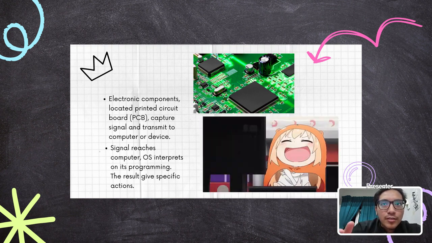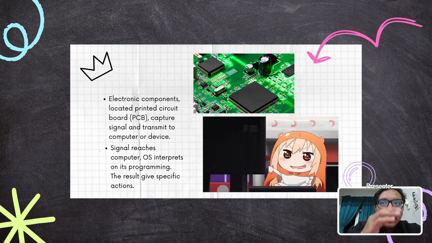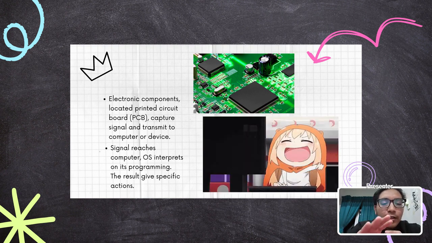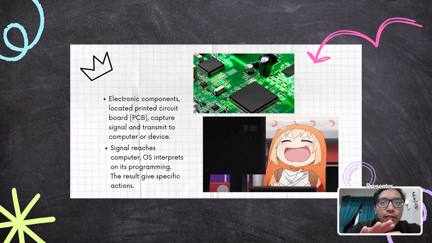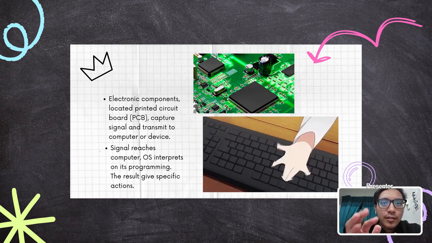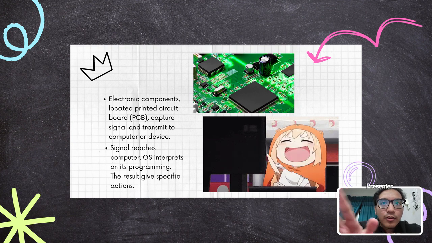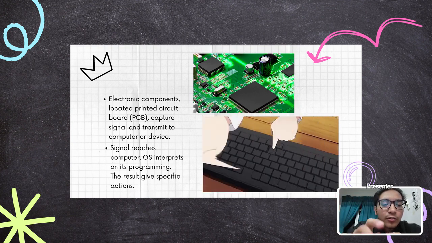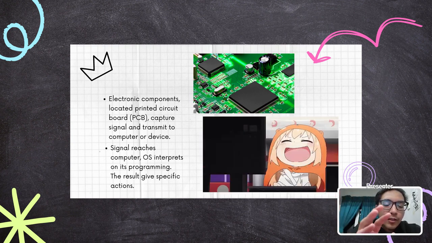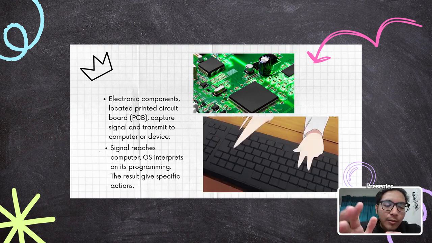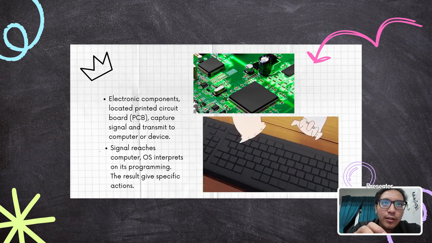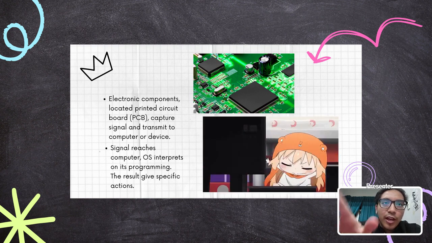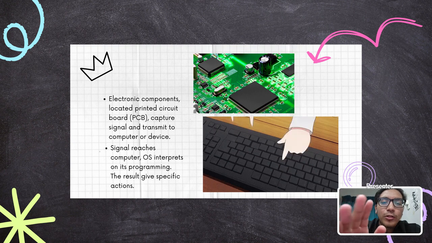So once the signal reaches the computer, the operating system interprets it based on its programming. This interpretation results in specific actions such as generating a character on the screen or executing a command. To put it simply, when we press an F key on the keyboard, the monitor will show F on the computer.